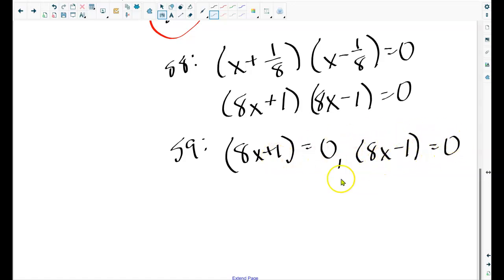That's how you can verify you have the correct answer. If you have time, set these equal to 0 and solve them, and you'll see you get the same answer anyway. This is how we factor these special cases. Appreciate your time. Catch you in class.